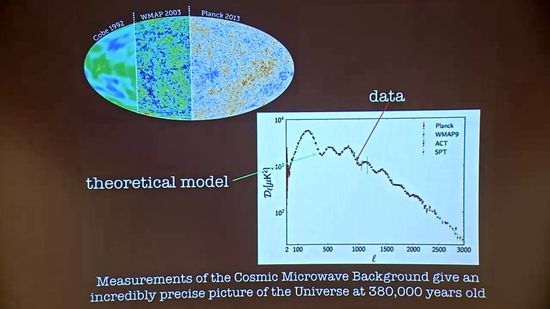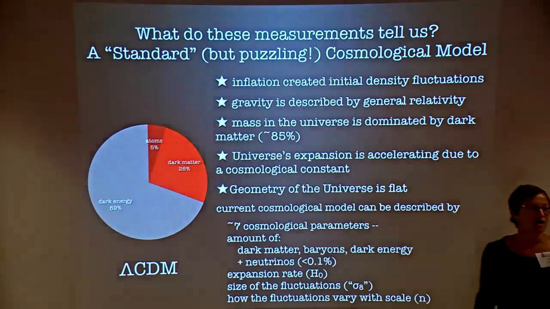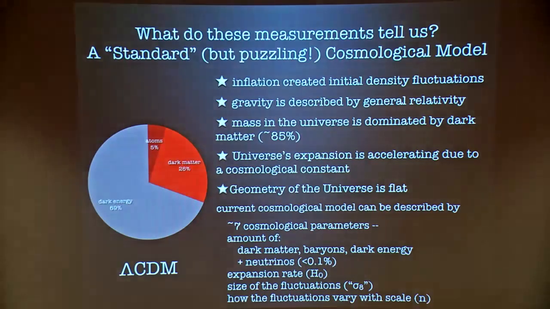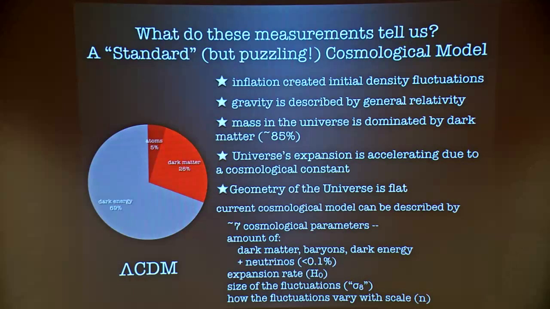This is the amazing and somewhat shocking model that we have come to in the last 20 years. Even though this model is kind of strange, it's in some ways really beautiful, and it describes almost all of the measurements that we have made, not just of the cosmic microwave background, but also of the late-time universe, as I'll be talking about later.